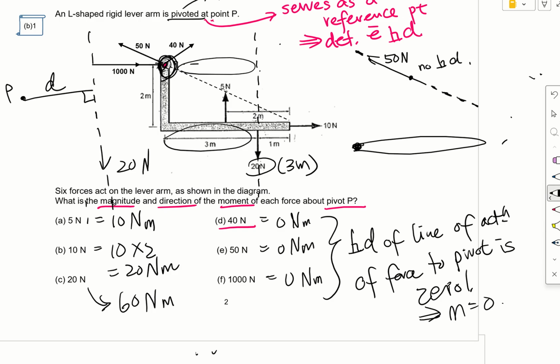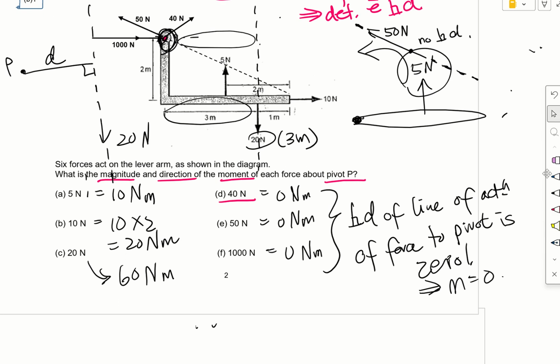The 5 Newton is applied to the right of this point, and it is going upwards. As you push your pen upwards, like trying to simulate the 5 Newton going upward, you'll see that this actually goes anti-clockwise. So the moment for this will be anti-clockwise.